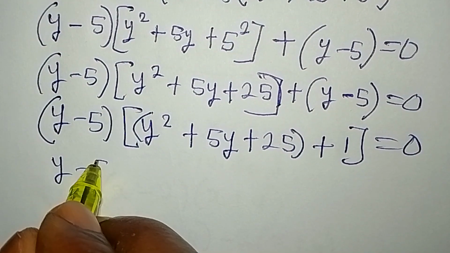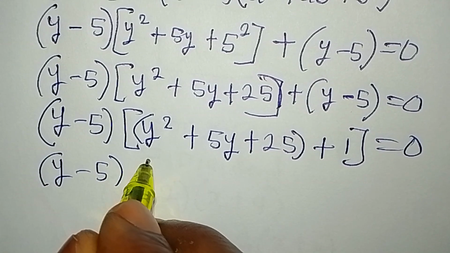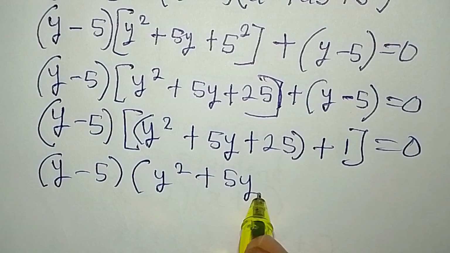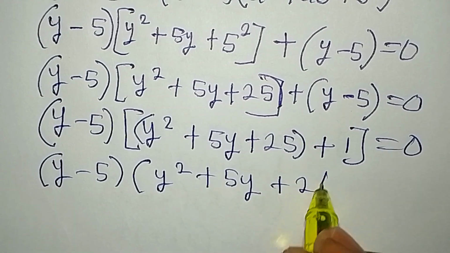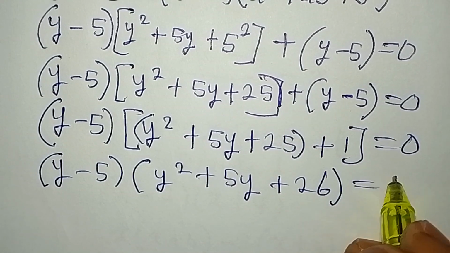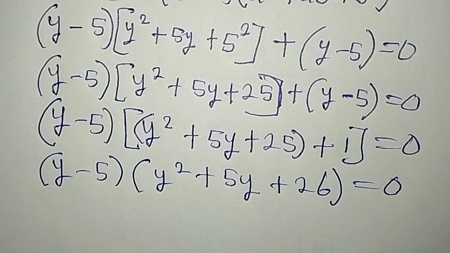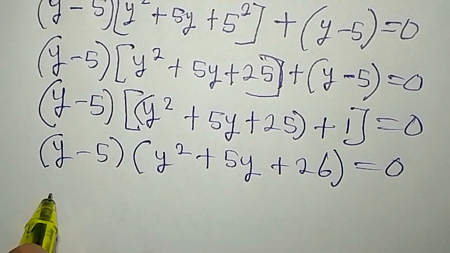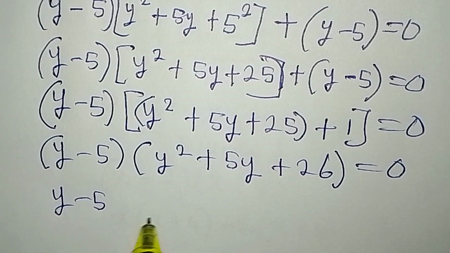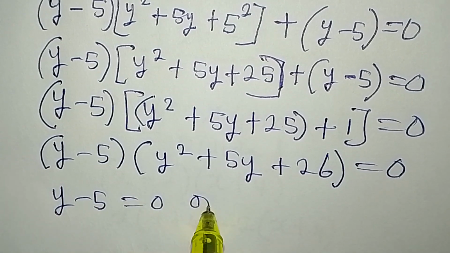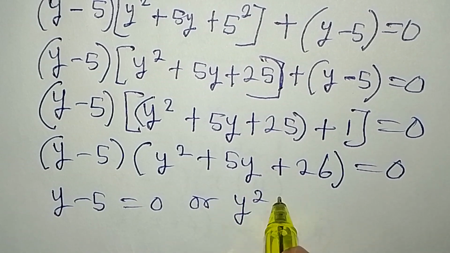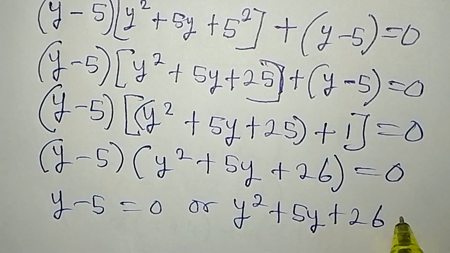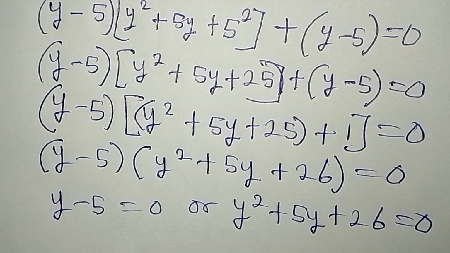Now y minus 5 into y squared plus 5y plus 26 is equal to 0. Okay? Now we can use our zero product rule. It is either y minus 5 is equal to 0 or y squared plus 5y plus 26 is equal to 0.